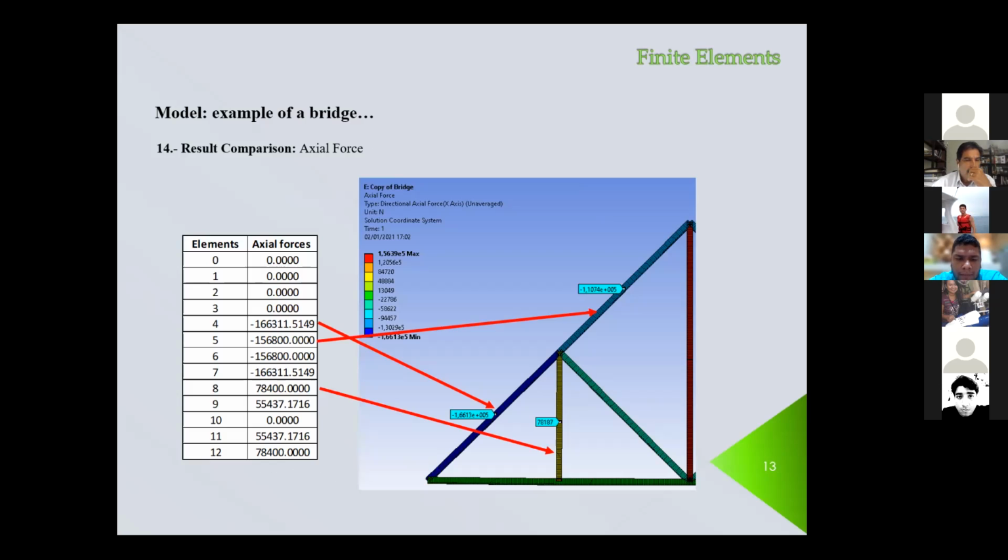Okay. Well, pardon. So this is the table in the program, the axial force. What table do you want to see? Where can we see the table in the program.